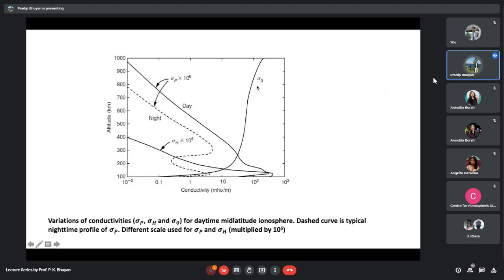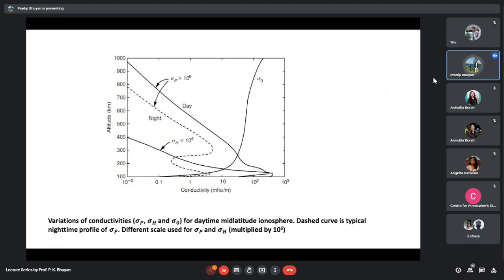But this meridional conductivity, that means the conductivity parallel to the magnetic field or magnetic meridian, is zero or very, very small at 100 kilometer. Sigma naught is very, very small at 100 kilometer. Then it continues to increase. At 300 kilometer, it is something like 10 to the power 15 or so. And then, is it 10, 11, 12 or something like that? And it increases.